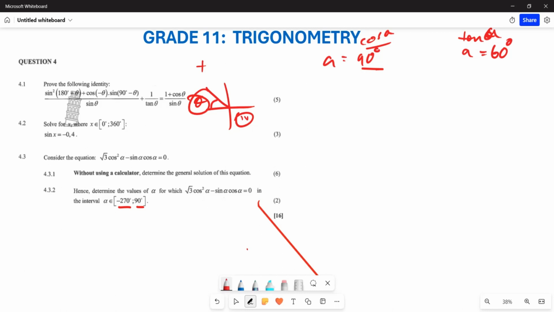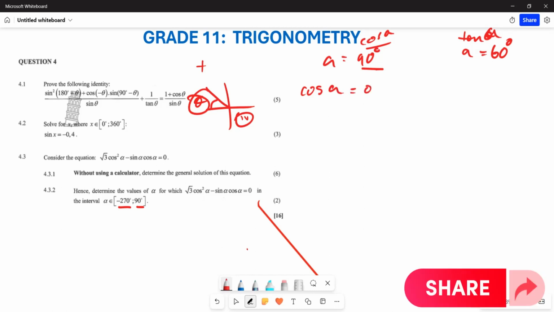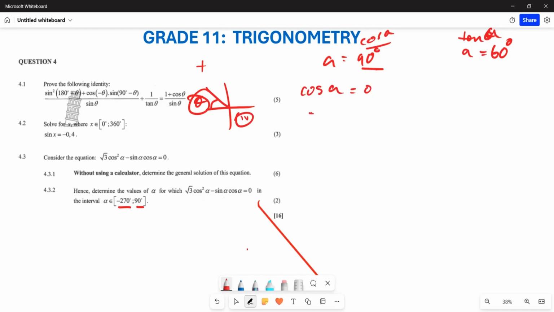And basically, your fourth quadrant is the same as cos of A, which was equal to 0. Altogether, this is going to be the same as cos of negative A. So A equals negative cos of 0, which is basically going to be negative 90 degrees, because your cos is also negative in this fourth quadrant.